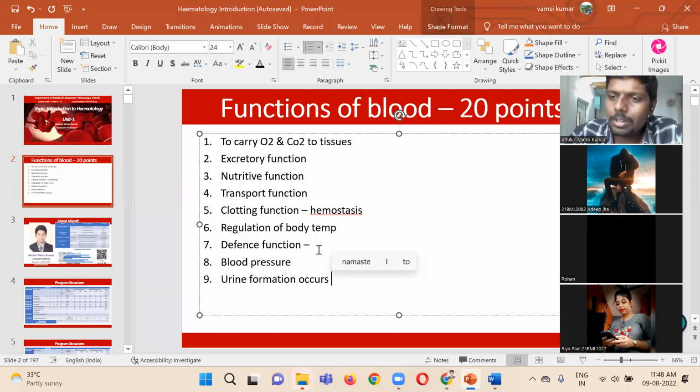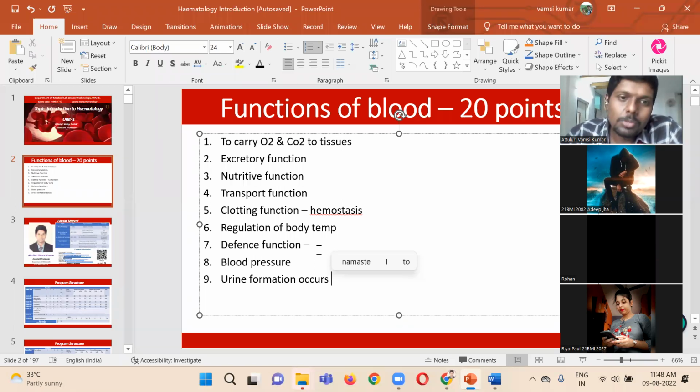That is one function of blood, which can be a sub function of the excretory part of blood. Any other functions of blood? Temperature regulation, transport, clotting mechanism, then blood pressure, urine formation, then hormonal function.